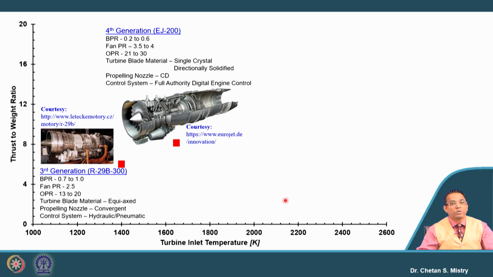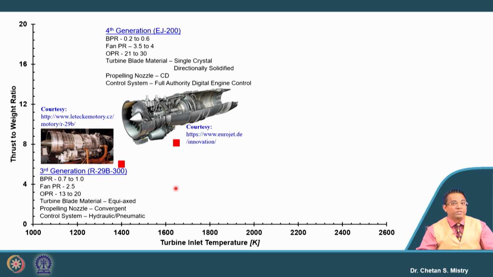So let's move to the next. Here this is the Eurojet 200, which is defined as a fourth generation engine, where the bypass ratio has reduced from 0.7 to 0.2 to 0.6. Fan pressure ratio has also been raised, and overall pressure ratio has also increased. At the same time, the turbine entry temperature is on the higher side, and that is the reason the turbine blade material has also changed.